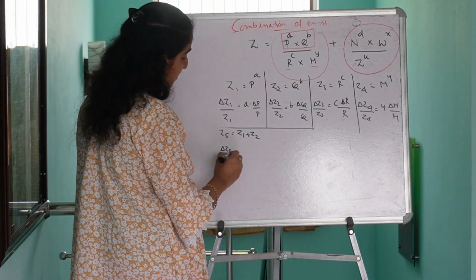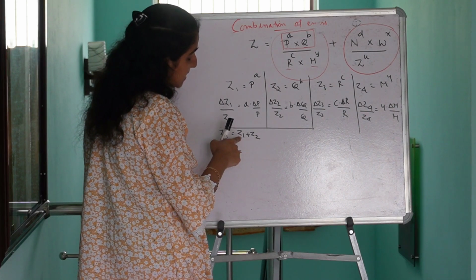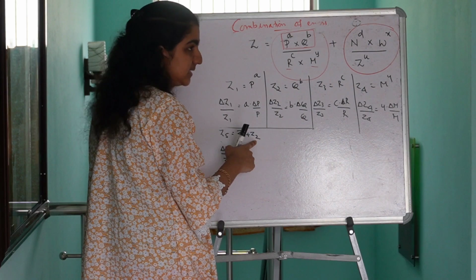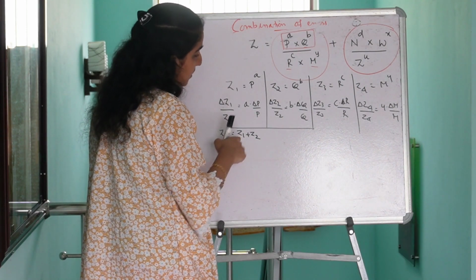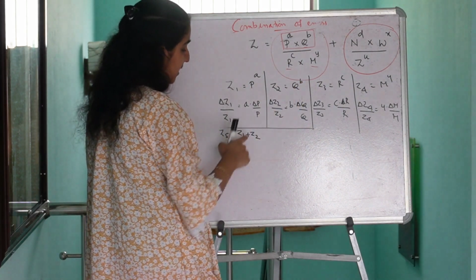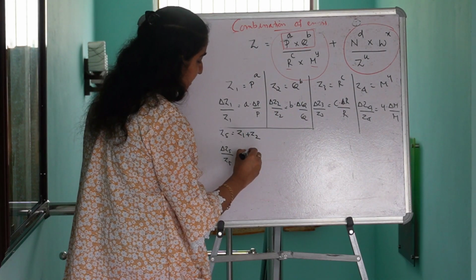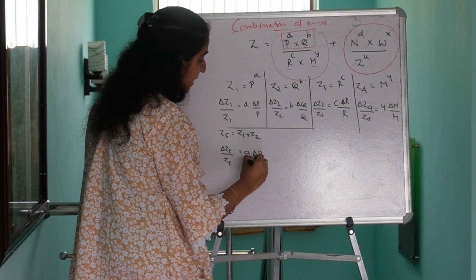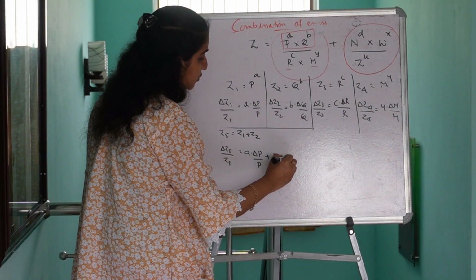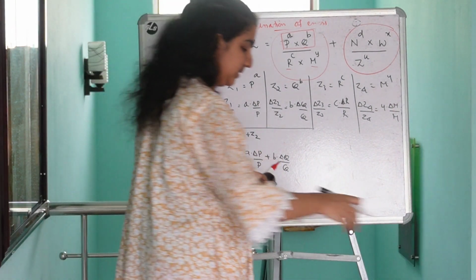What is the maximum possible relative error in Z5? That is equal to the relative error in Z1 plus the relative error in Z2. Z1 is p power a and Z2 is q power b. We know the relative error in Z1 is a into del p by p, and the relative error in Z2 is b into del q by q. Is it clear? Yes.